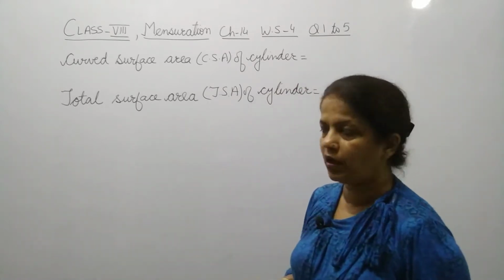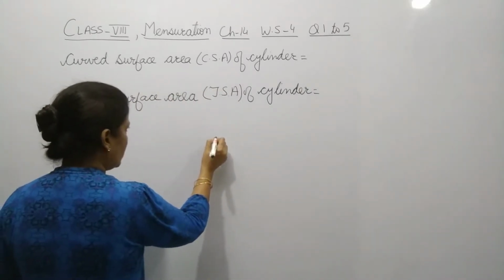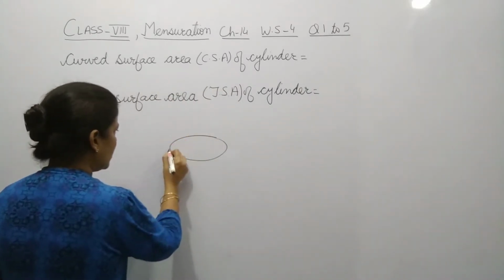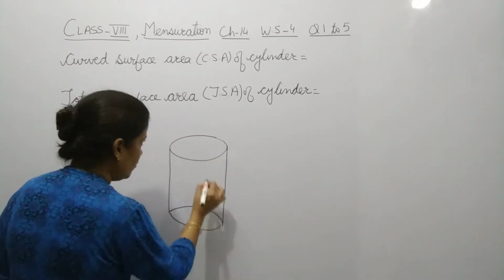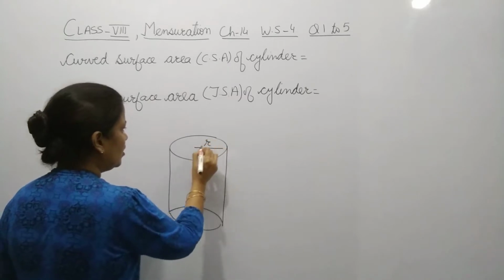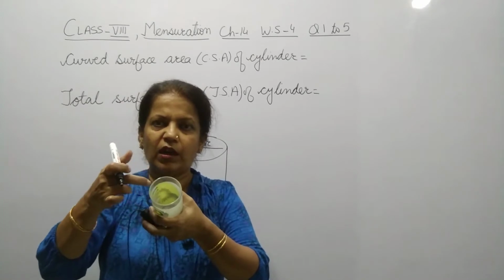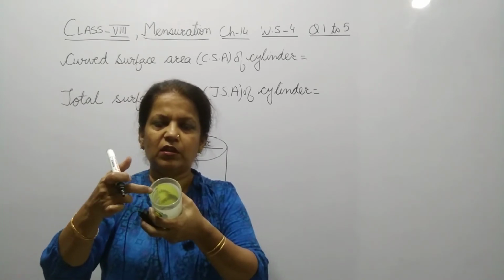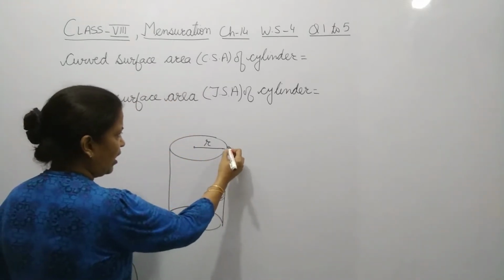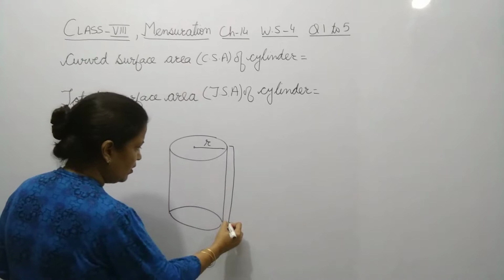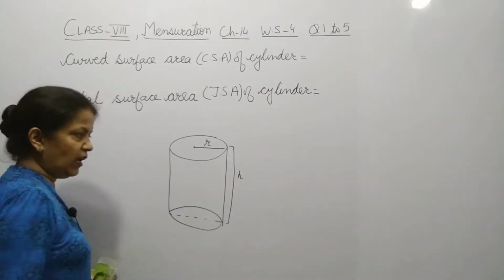Now we will go for the formulae. Suppose this is a cylindrical shape which has a radius, the distance from the center of the circle to the circumference, as r, and the height of the cylinder as h.